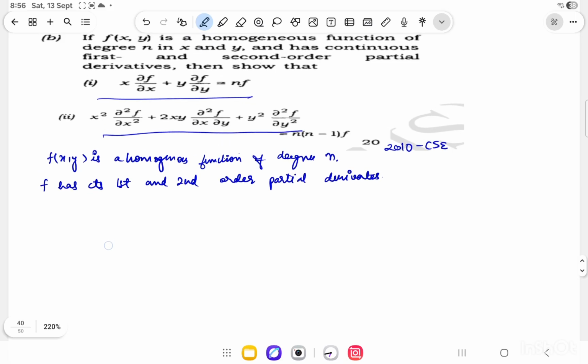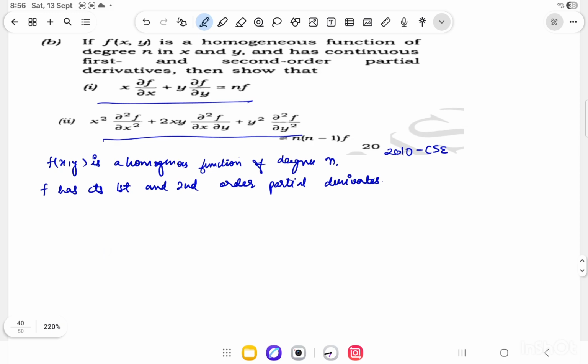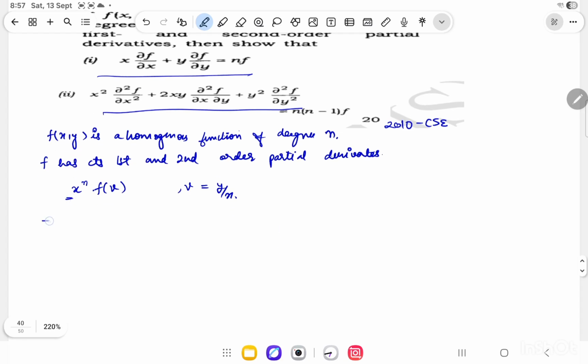So let us assume that since it is given that f is a homogeneous function, the form of f I can reduce to x raised to n into f of v, where v I have assumed to be y by x. So let us assume this function as u. So my u of x, y is basically x raised to n into f of v, where v is basically y by x.